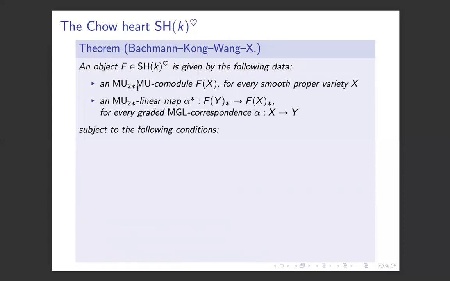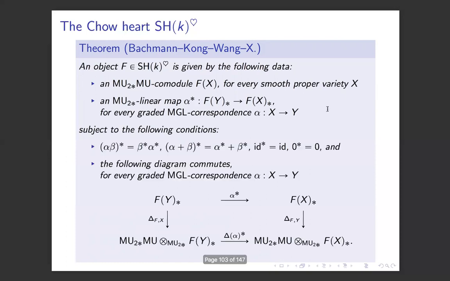We have an MU star MU comodule F(X) concentrated in even degrees for every smooth proper variety X. And for any MGL correspondence, we have the MU star linear map, as in the pullback, between these two comodules. And they satisfy the following conditions.